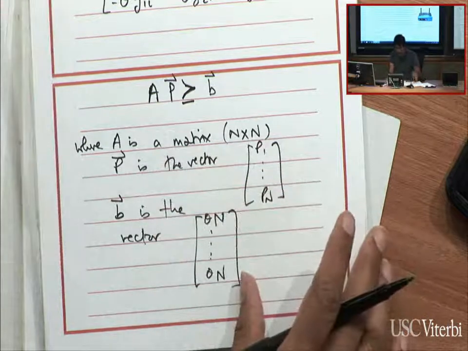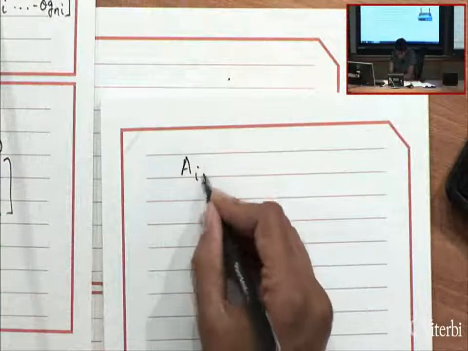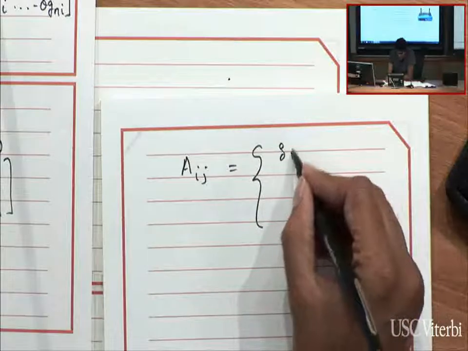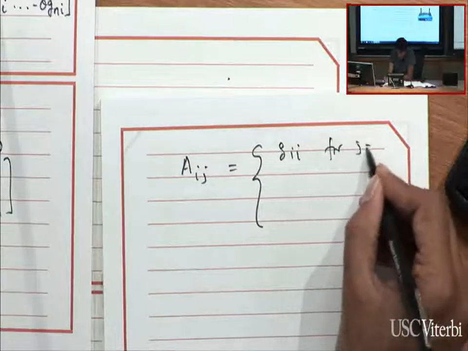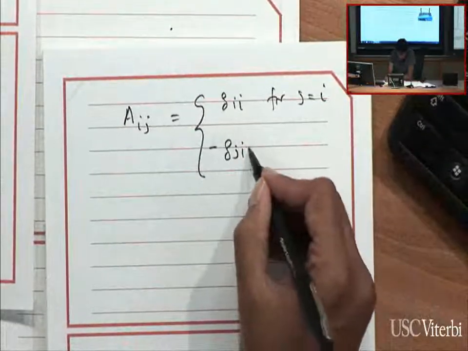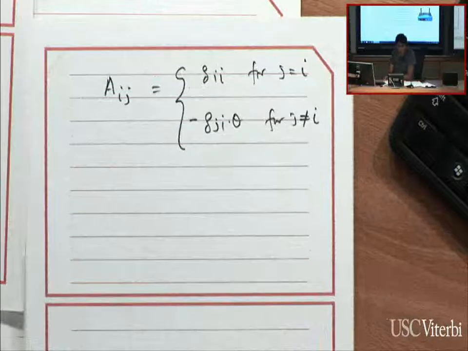And the matrix A is such that A_ij equals G_ii for j equal to i, and negative G_ji times theta for j not equal to i.